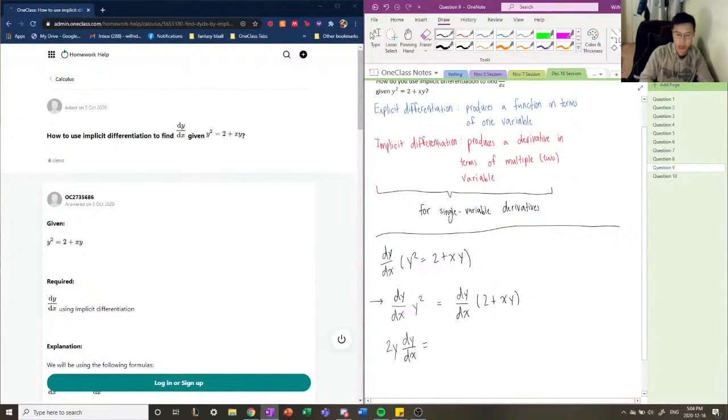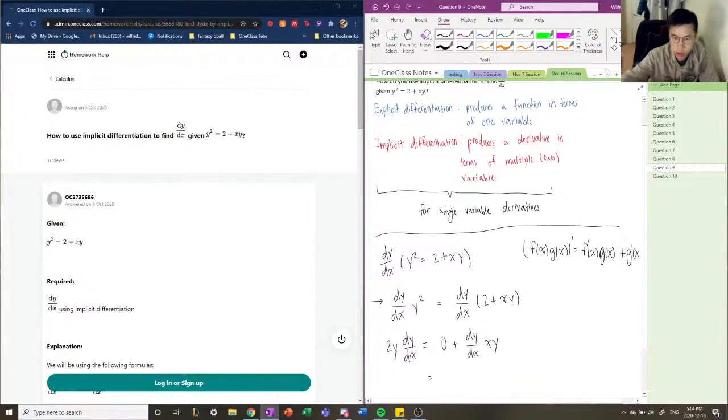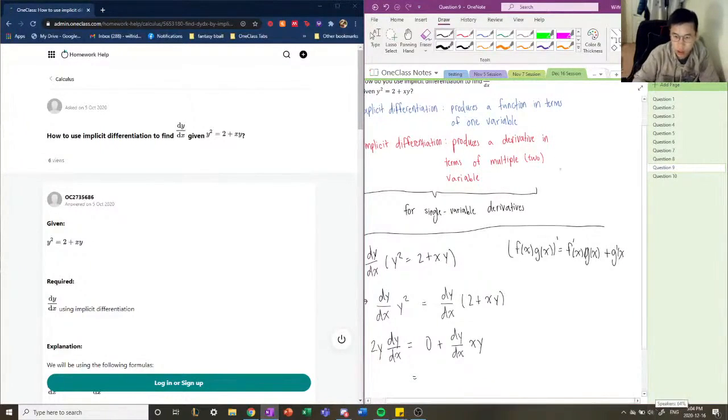Here we have two different functions. We have dy over dx of 2, which is just 0, and dy over dx of x times y. So we're using the product rule here, which states that the derivative of f(x) g(x) is equal to f prime of x times g of x plus g prime of x times f of x.